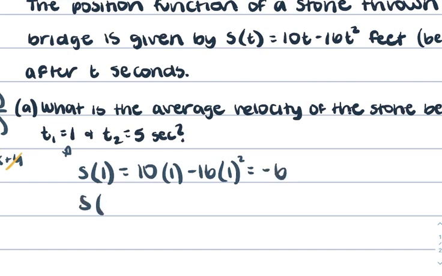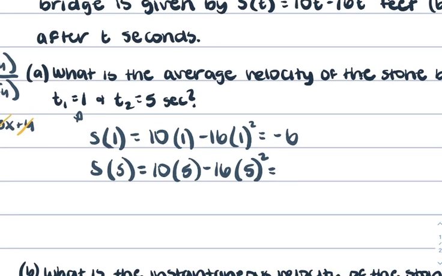And then S of 5 equals 10 times 5 minus 16 times 5 squared, which is 16 times 25, which is 400, minus 50. So that would be negative 350.